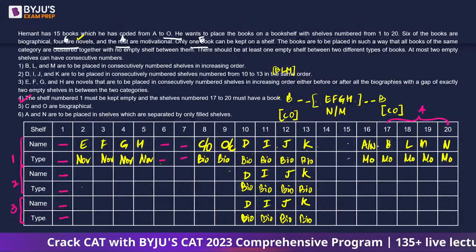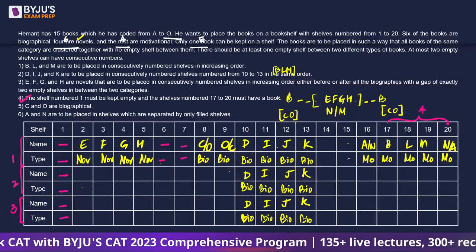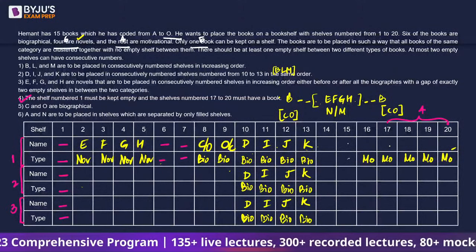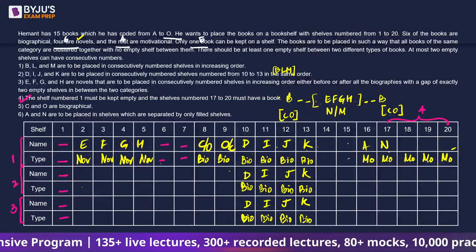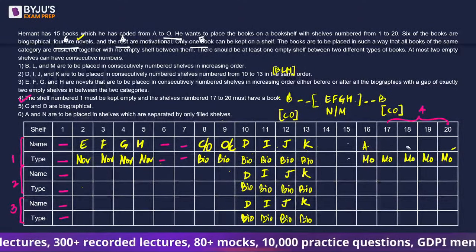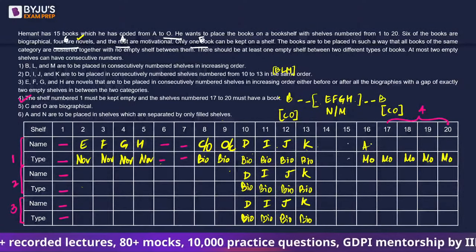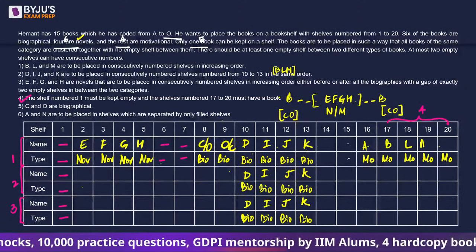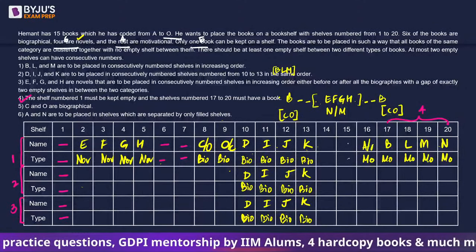Or we can have A and N here. So these are the 2 cases. We can also have A and N as consecutive. Acha, they are separated, right? So we cannot have them consecutive. So AN will be at the gap and BLM are supposed to be consecutive. So these are the only possibilities, right?